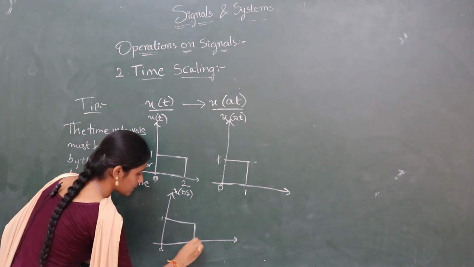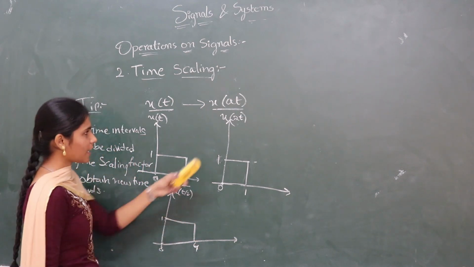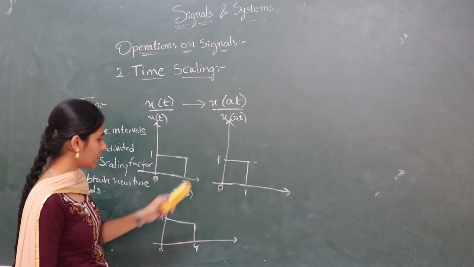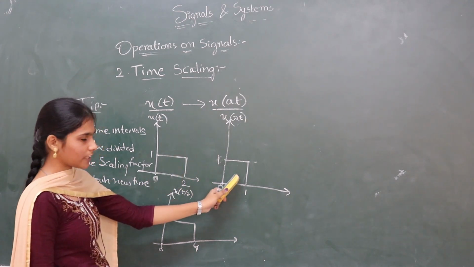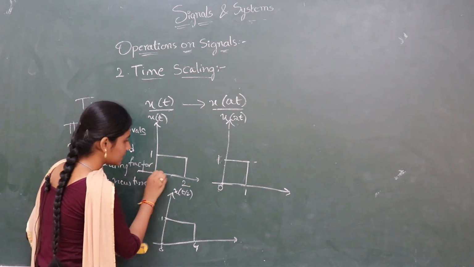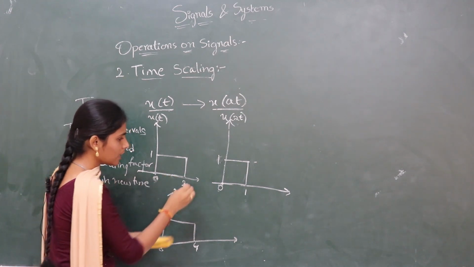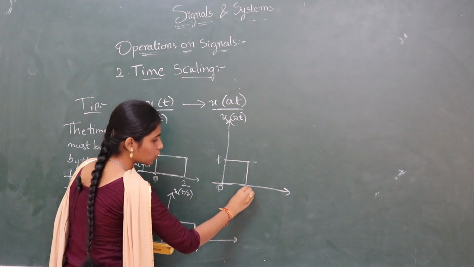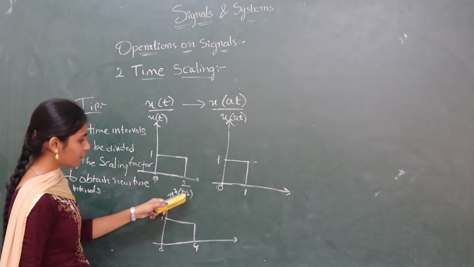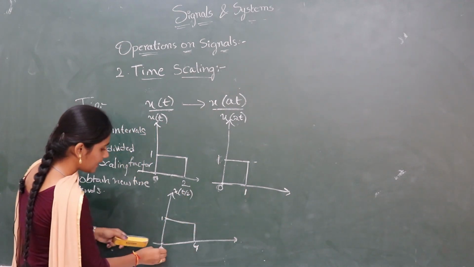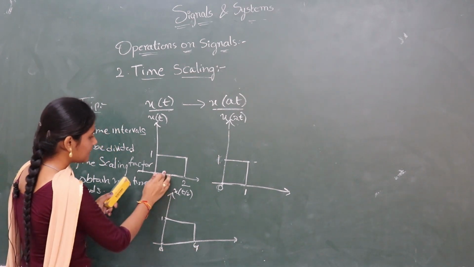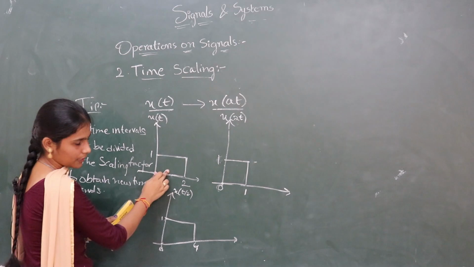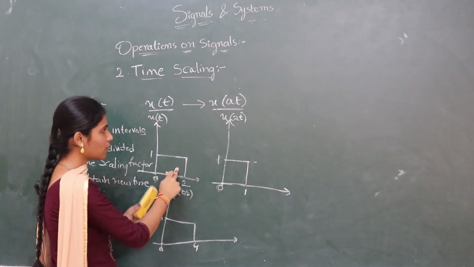The amplitude remains the same. Now if we observe the signals x of 2t and x of t by 2, x of 2t is the compressed version of x of t, because the time interval of 0 to 2 is confined to 0 to 1. Taking the x of t by 2 signal, it spreads between 0 to 4. So this is the expanded version of x of t and the other is the compressed version.